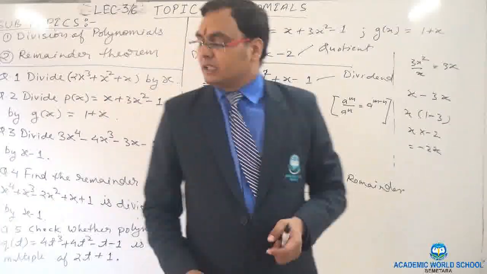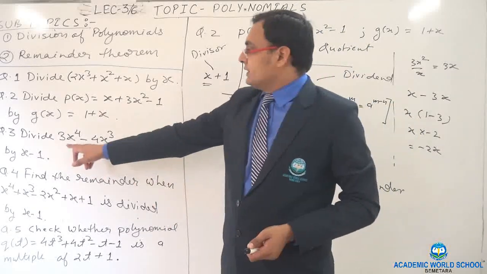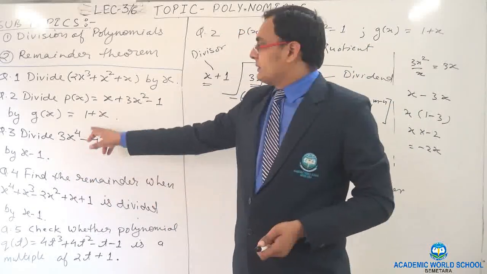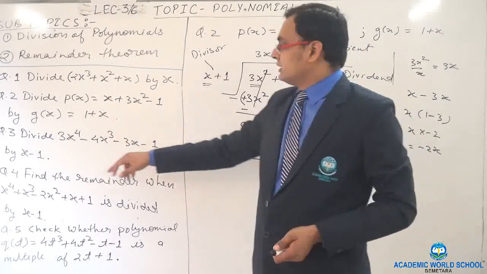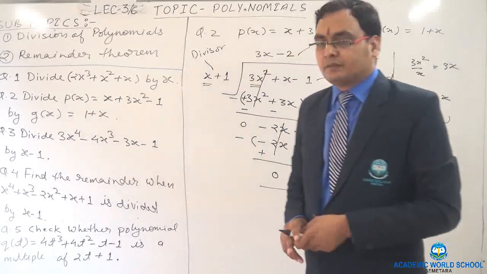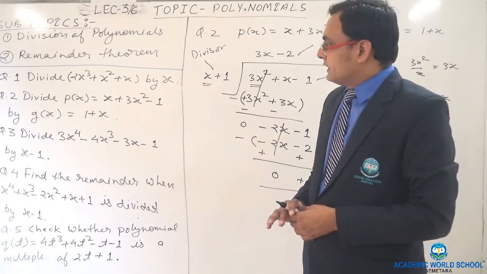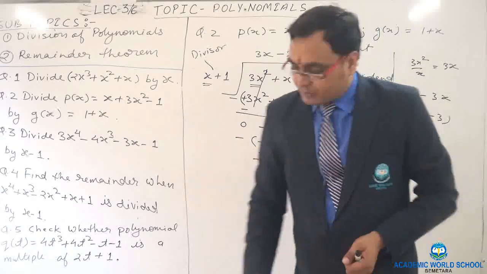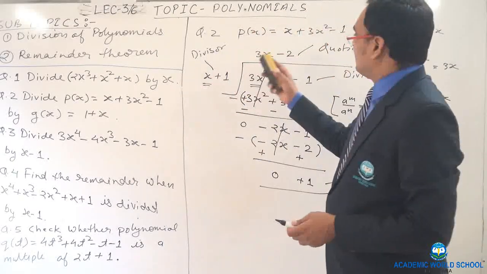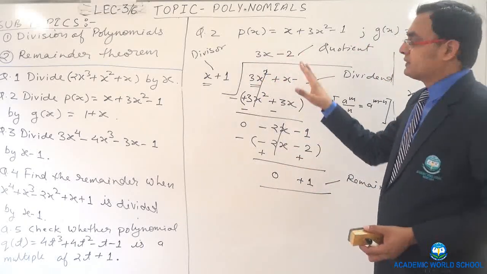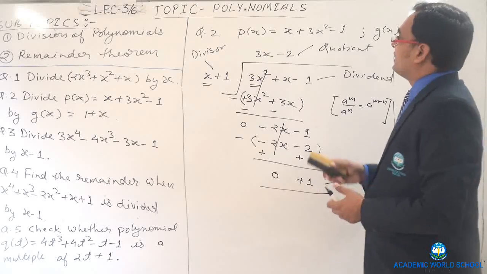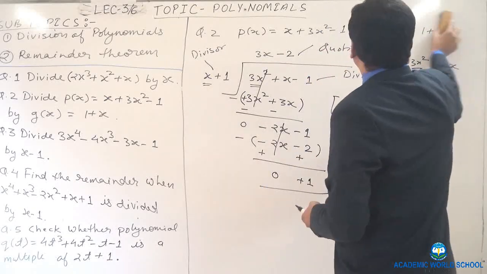So the next example that we will see here is: divide 3x to the power 4 minus 4x cubed minus 3x minus 1 by x minus 1. When we divide this, again we will follow the same process as we have done here. We have first written these in standard form and then divided them. So question number 3.